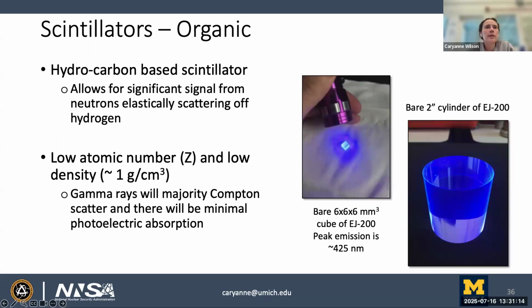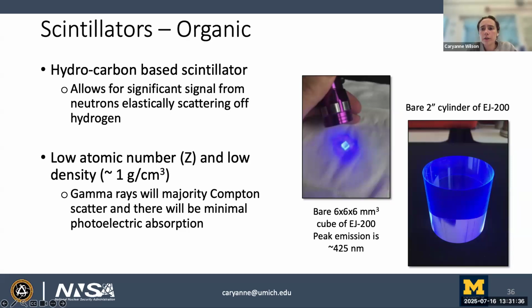When we are detecting neutrons through scattering, a lot of times we are using scintillators, particularly organic scintillators. Organic scintillators are made up of hydrogen and carbon, and the neutron will elastically scatter off of the hydrogen, causing a proton recoil. This is what causes the scintillation.